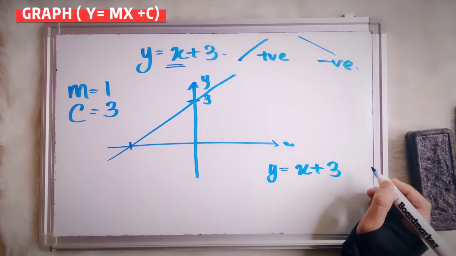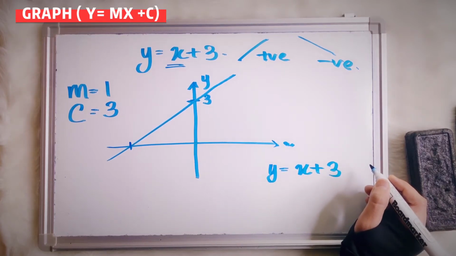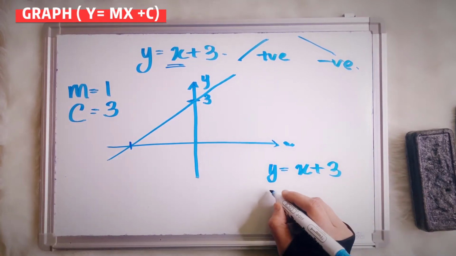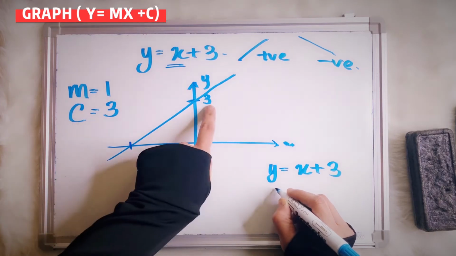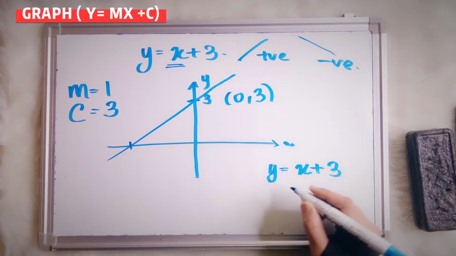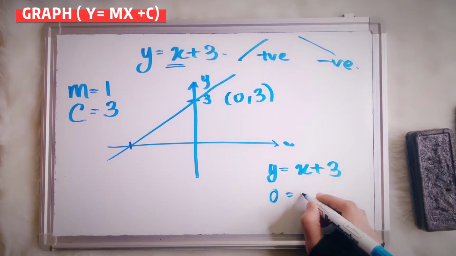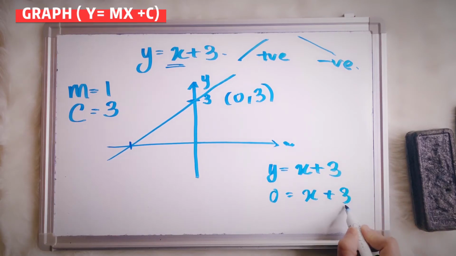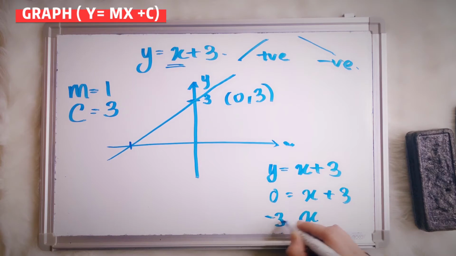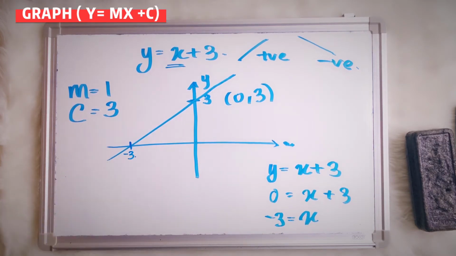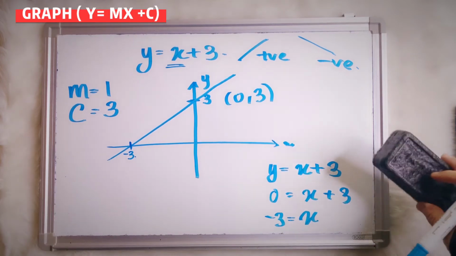I want to know what our value is here. So here I'll put 0. This is the coordinate 0, 3. Here is 0 and here is x plus 3. So you bring it here, your x will be negative 3. So here is negative 3.